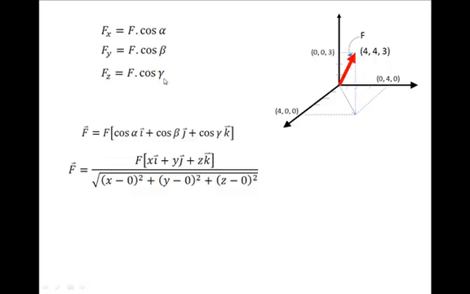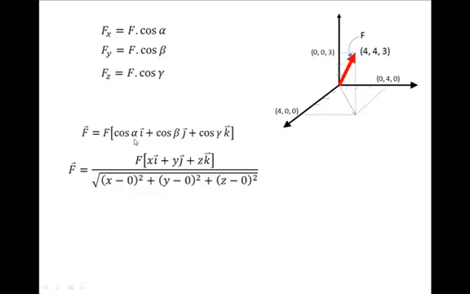If we know alpha, beta, gamma, then force can be expressed as a vector as simply F cos alpha i plus F cos beta j plus F cos gamma k, or in other words, as shown here, magnitude F into unit vector or its direction cosines.